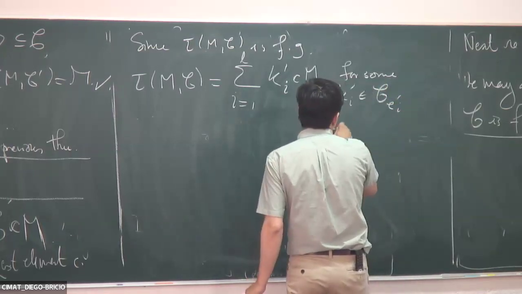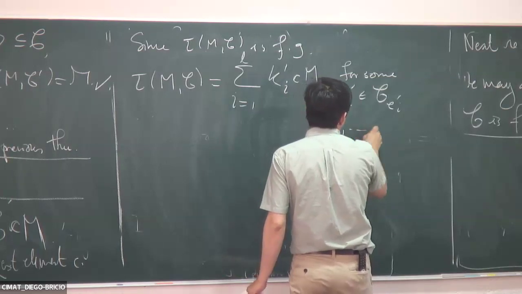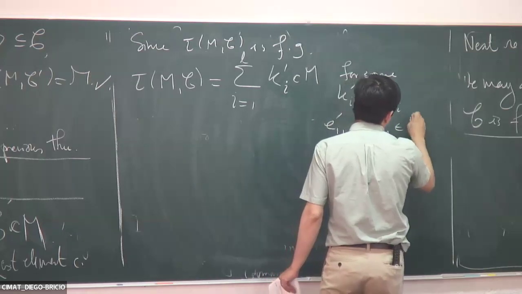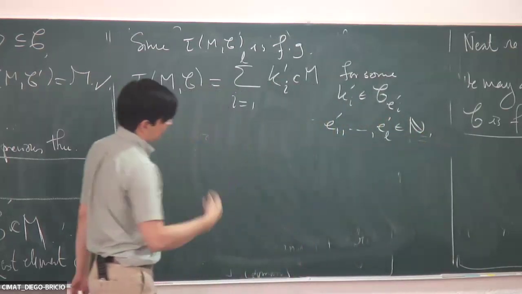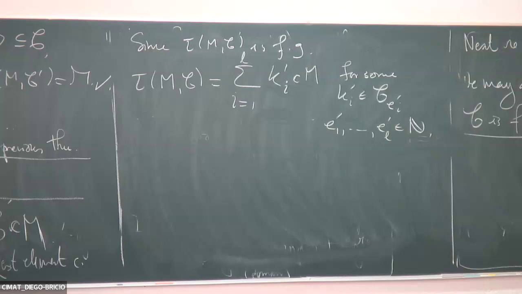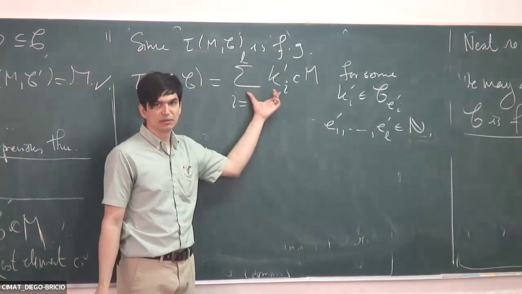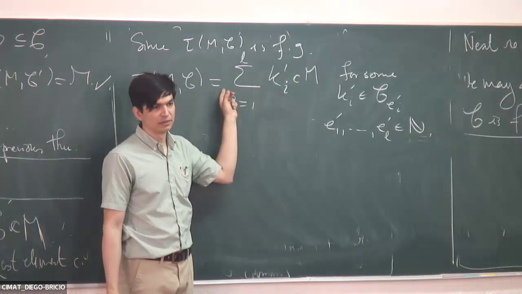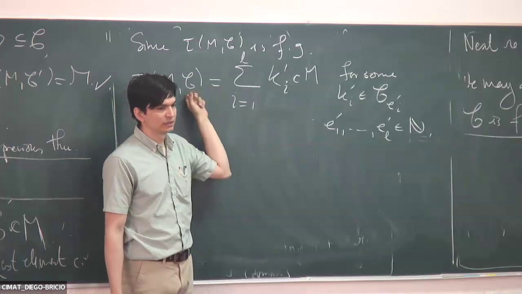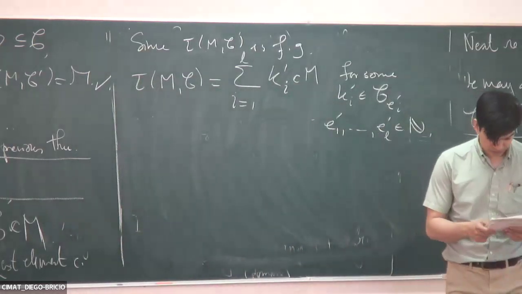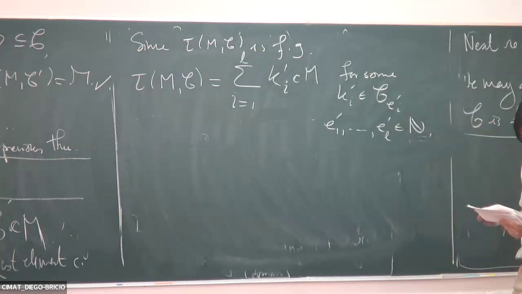And so here, now we're going to have certain e_l primes in N. And they can be zero. That's all. Okay. So I just took this gigantic sum and I claim that there are finitely many sums that realize the equality, just because this is finitely generated. Okay. There isn't much going into it. It's this rather simple argument.